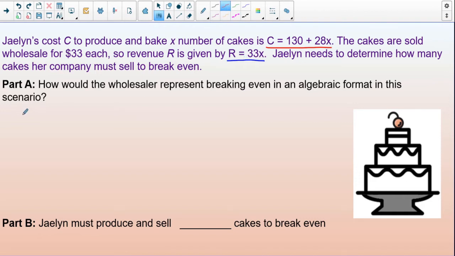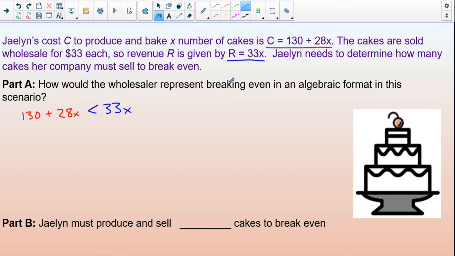So let's start by writing this expression for the cost, 130 plus 28x. That's going to be the cost of the cake. And I want the revenue to be more than that, 33x. So we want to make more money than we're spending. Otherwise, this cake business is not going to last very long.